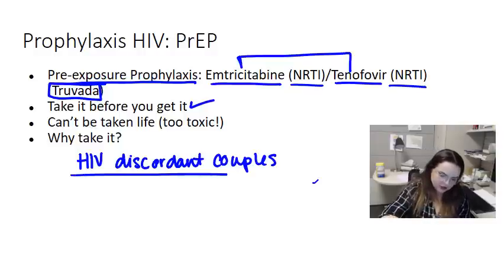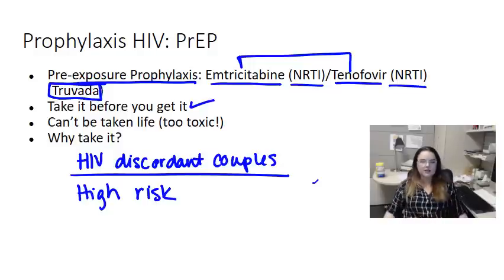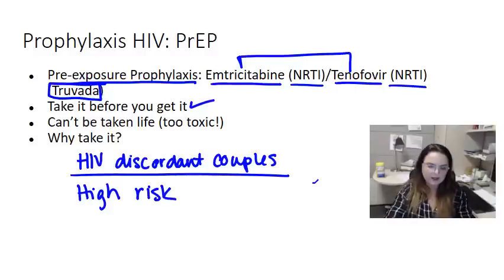These days, it's not just used for HIV discordant couples. It's also used for high-risk individuals. So what is a high-risk individual? This would be somebody who engages in either sexual activity or IV drug use within a population that has a high risk factor for HIV.